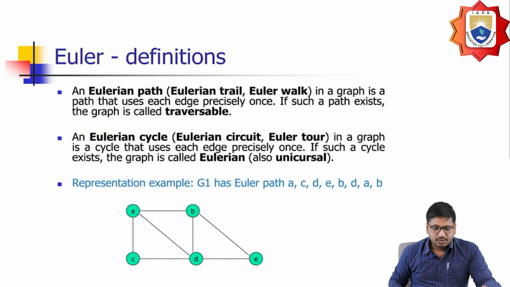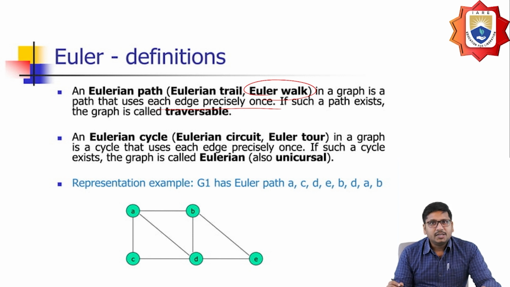So what is the definition of Euler's path? An Eulerian path, or other synonyms Eulerian trail or Euler walk, in a graph is a path that uses each edge precisely once. If such a path exists, then the graph is traversable.